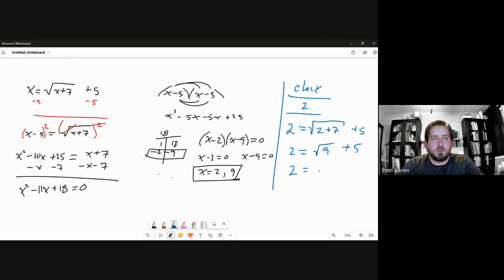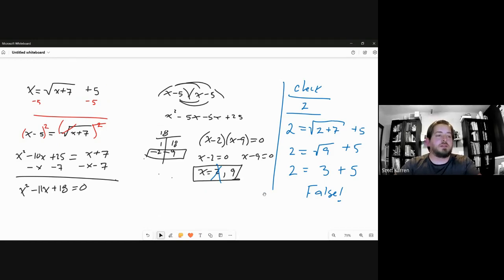Oops, not a square root anymore. And that is not true, right? So this guy is false. And that takes 2 out of the possibilities for solutions, right?